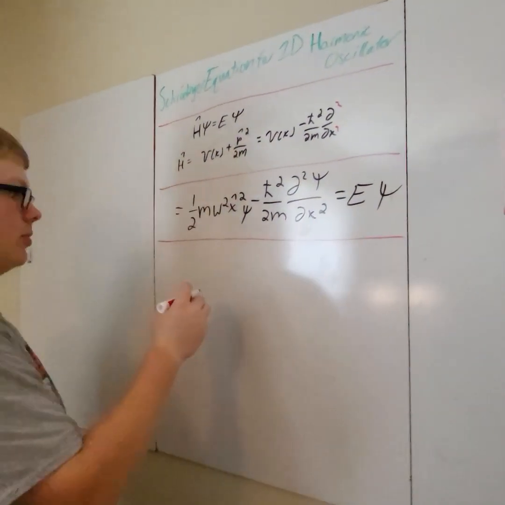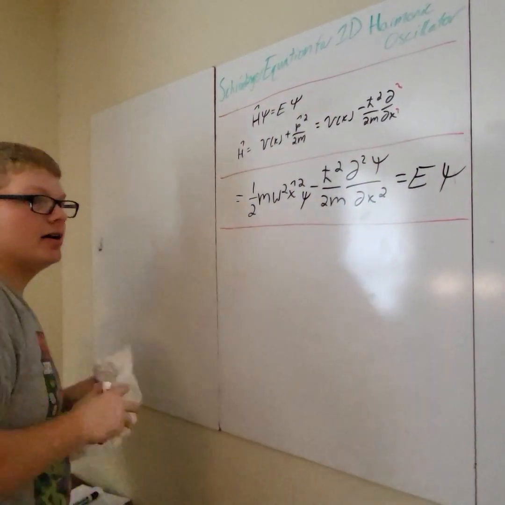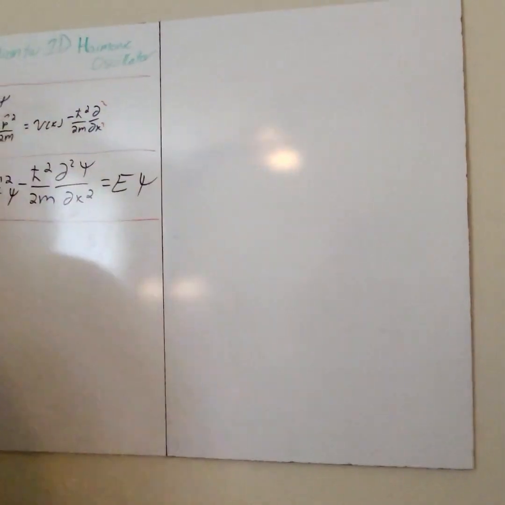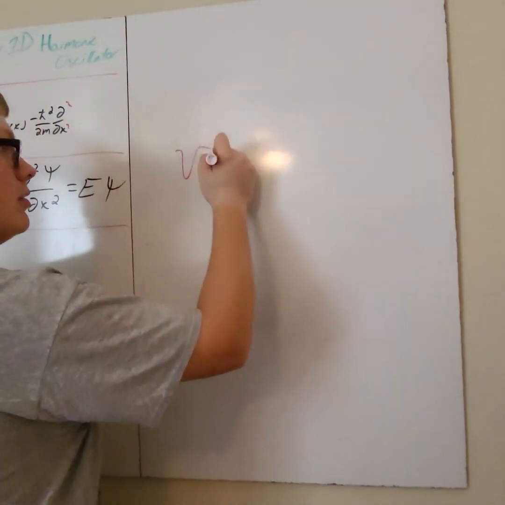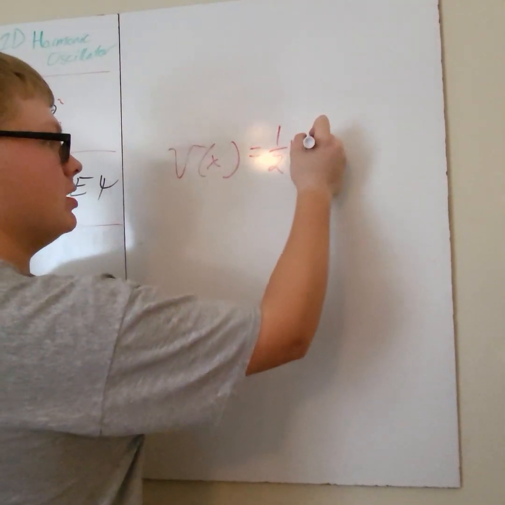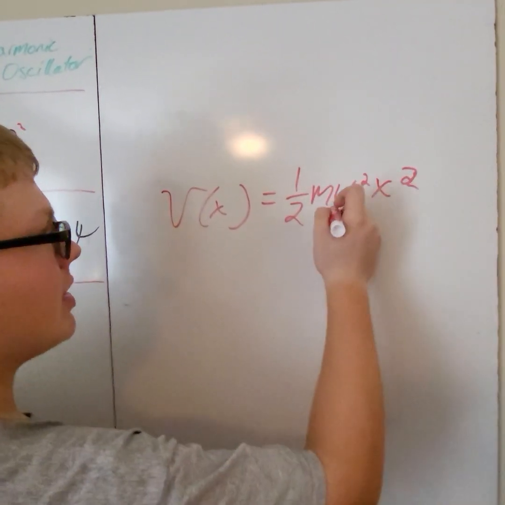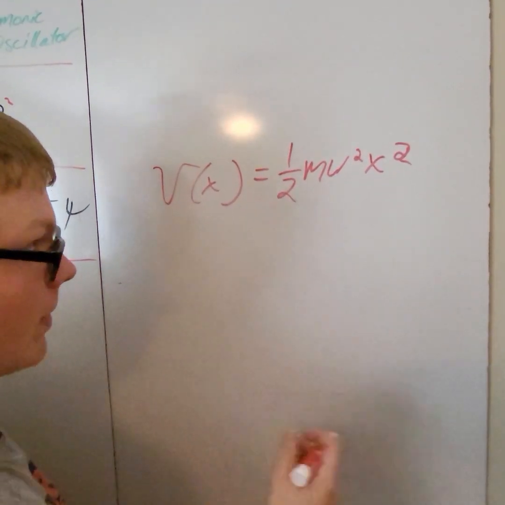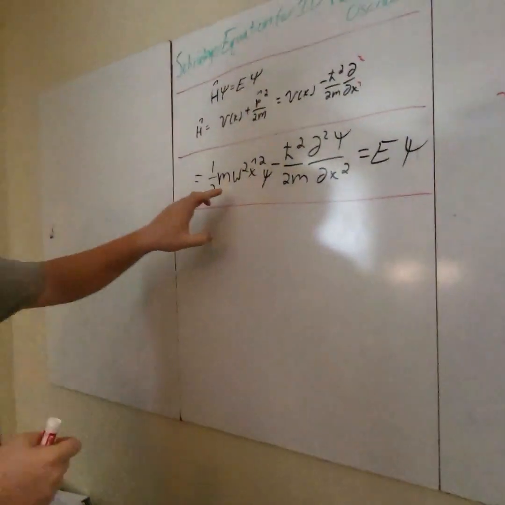And in our case, the harmonic oscillator is defined by its potential energy, which as a function of x, which is position, is 1/2 m w squared x squared. That's not totally important, it's just part of the formalism. So in our case, that leads us to the Schrodinger equation.